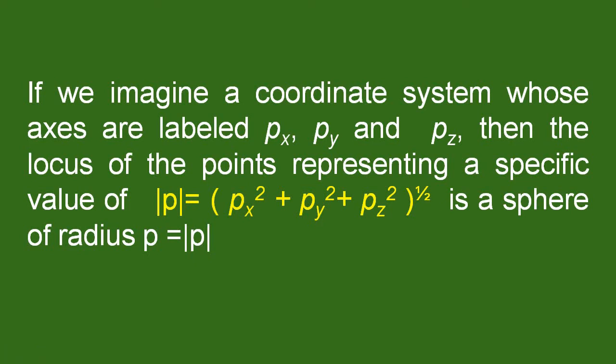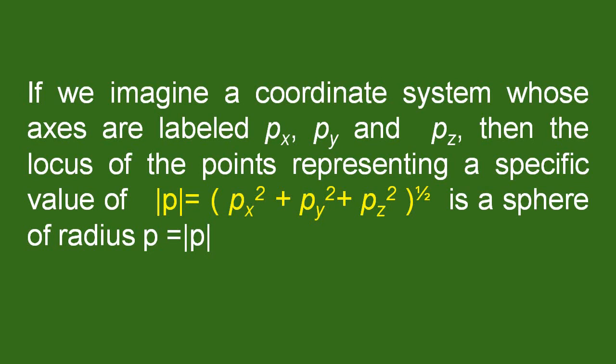So a particular momentum p can have three components, px, py and pz. So, in that momentum space, for a specific value of p, you can have a sphere of radius p.